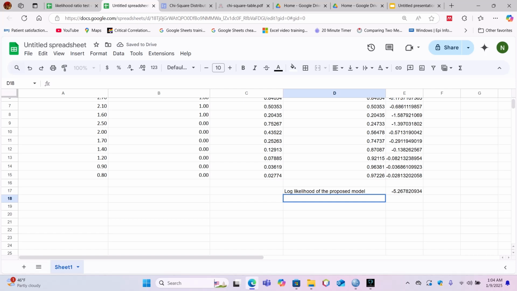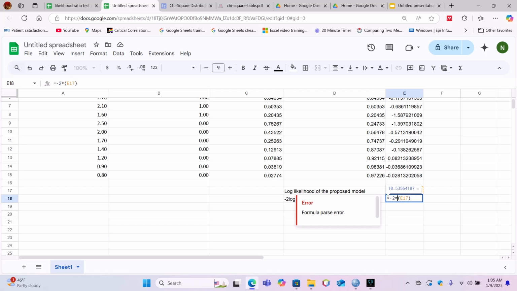Similarly, we can calculate the negative 2 log likelihood, which is also known as residual deviance. So this will be negative 2 times the log likelihood. We get a residual deviance value of 10.53.